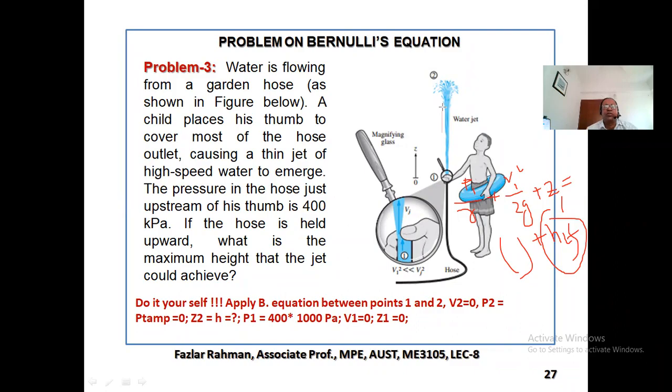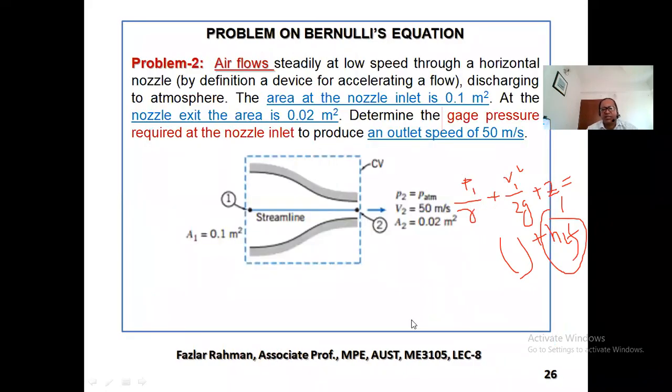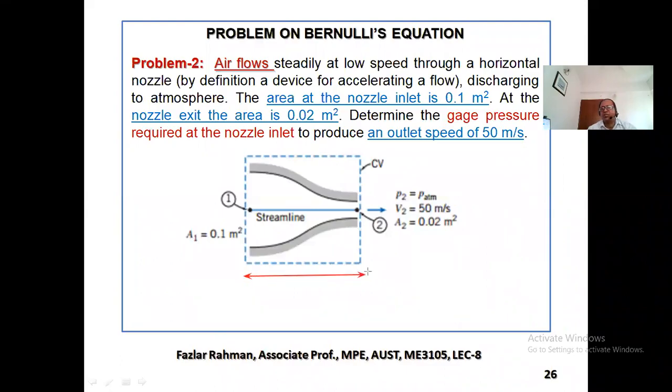So we can ignore that frictional loss. Similarly, in this problem, you see the distance between the 2 points, point 1 and point 2, is not that much. Say using your body spray, using an aerosol, the length of the nozzle is very small. So the frictional loss between points 1 and 2 in that case is negligible.